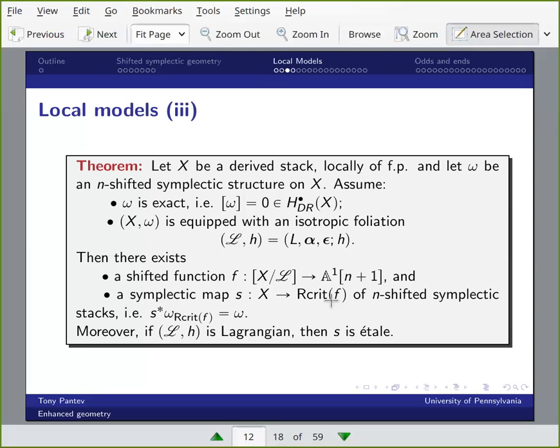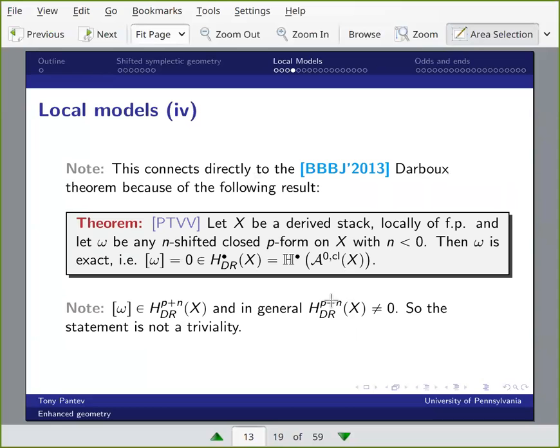But this is the punchline, and let me just say that this condition about the form being exact is actually automatically satisfied in the negatively shifted case. Every negatively shifted form is globally exact for some Hodge theoretic reasons.